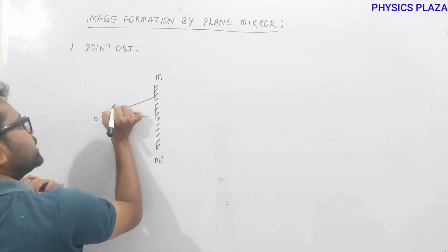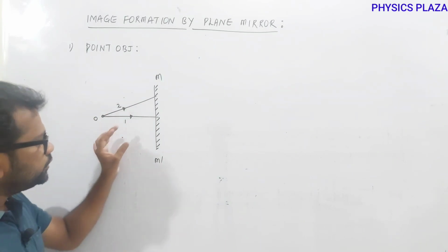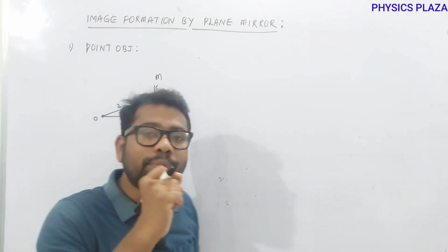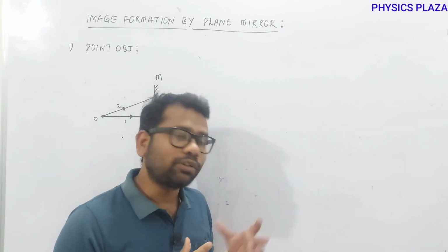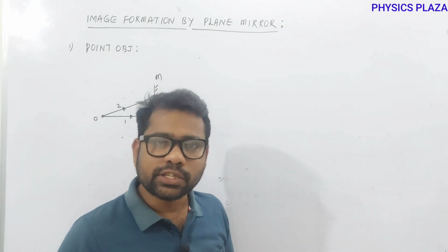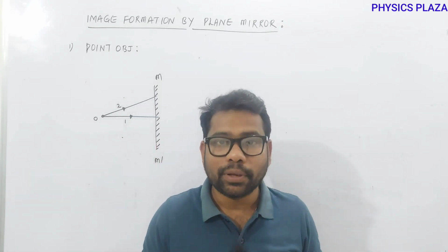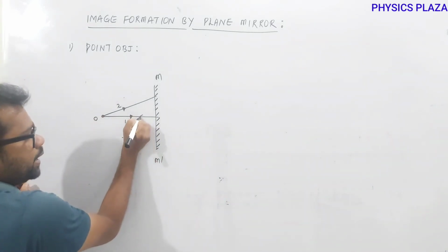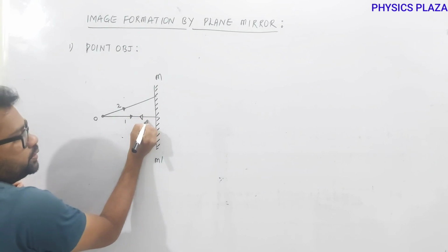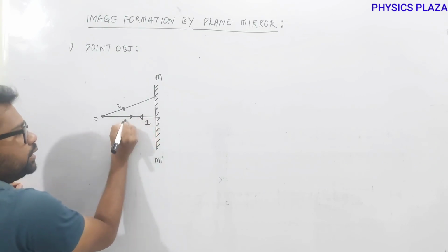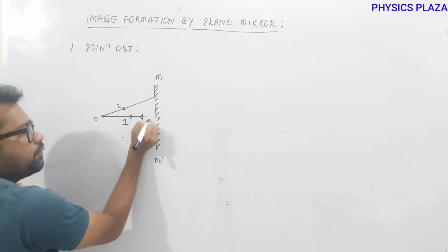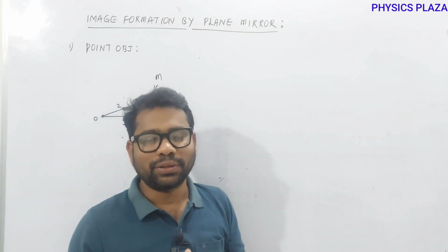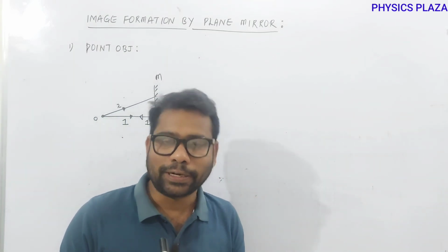This is the second incident ray. You just notice this first incident ray, it is incident normal to the surface. And we have just seen, if any light ray is incident normal to the plane mirror, its path is retraced, it bounces back in the same path. So this is the first incident ray, and just for the sake of convenience I am telling you, this is the first reflected ray.